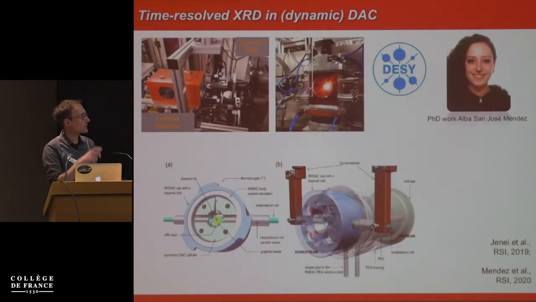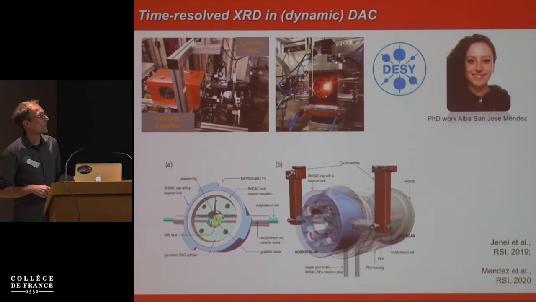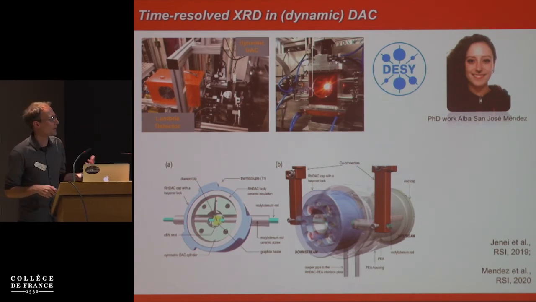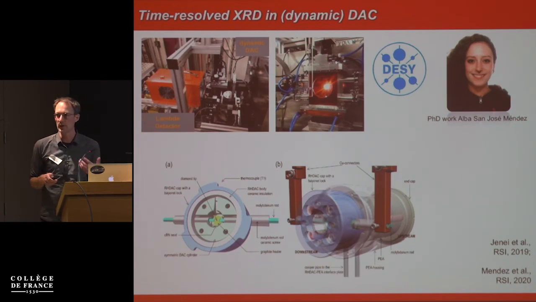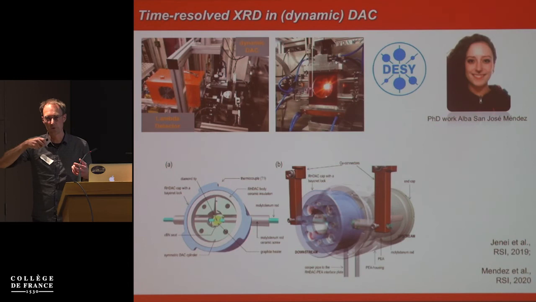So what we did is we used a new approach here. It's similar to that, but the novelty here is that we use a so-called dynamic diamond anvil cell. That's a diamond anvil cell that is driven by a piezoelectric actuator. So usually, when we increase pressure in the diamond anvil cell, we either use screws or we use a gas membrane.